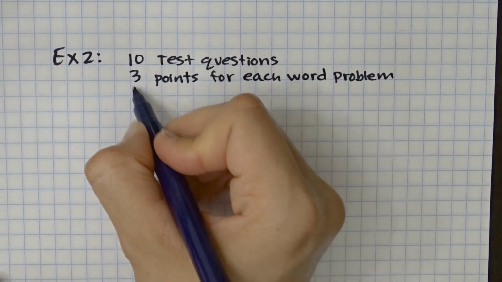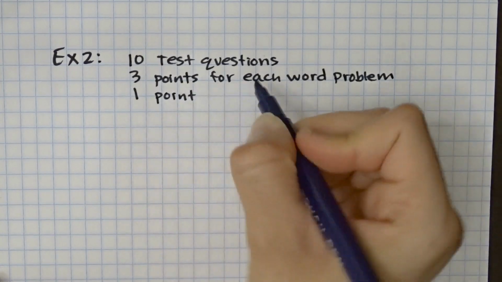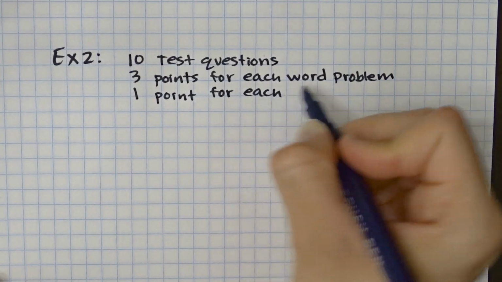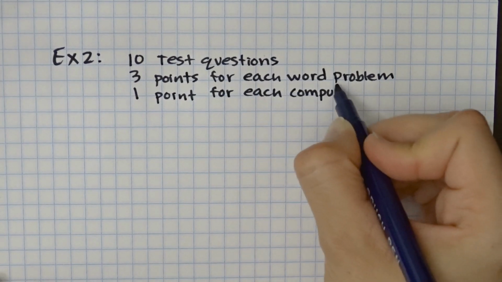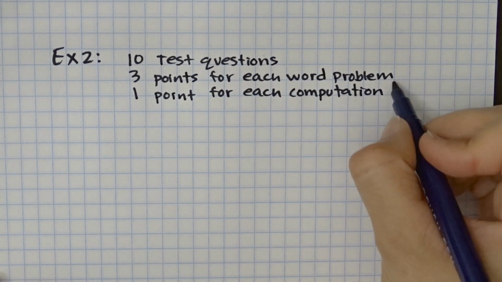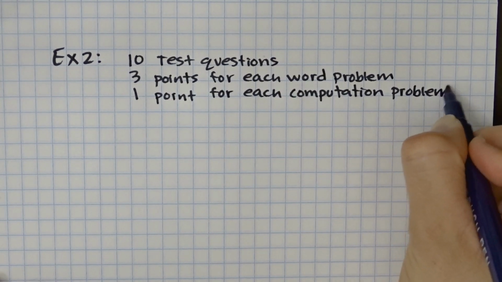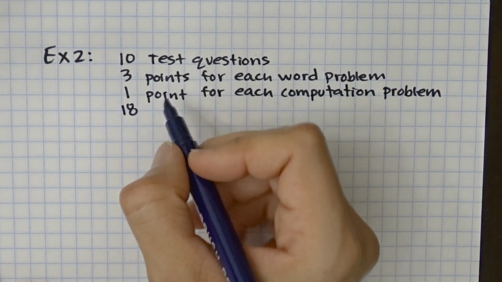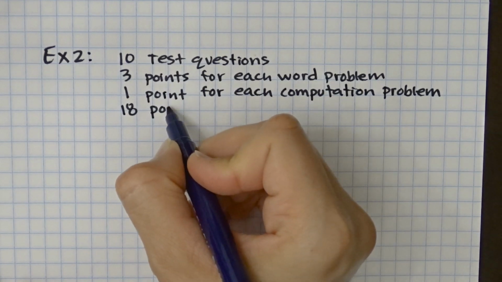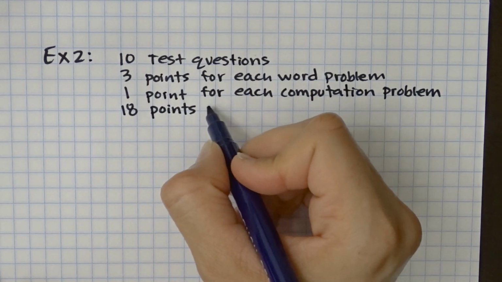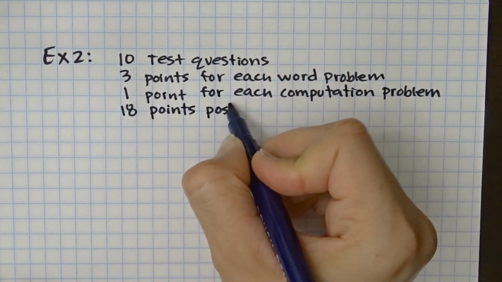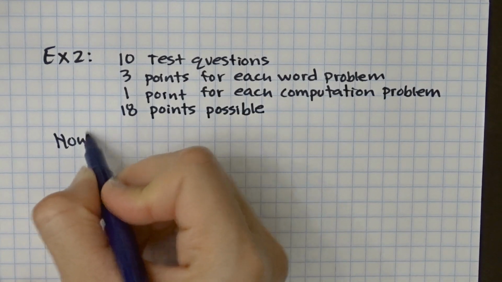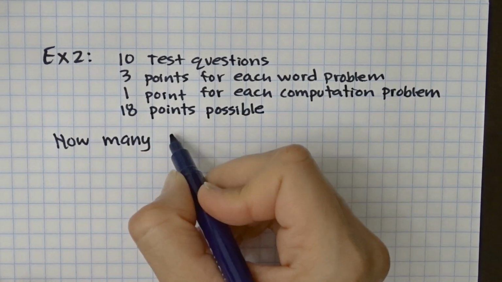And you will also be earning 1 point for each computation problem done correctly. All right, and there are a total of 18 points on the test. And the question is, how many word problems were there?